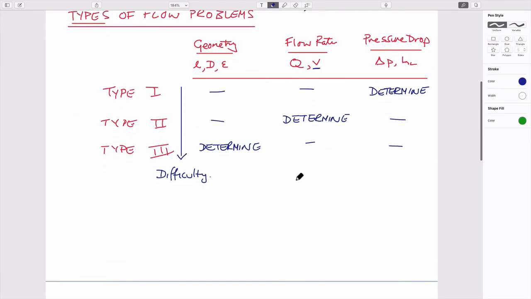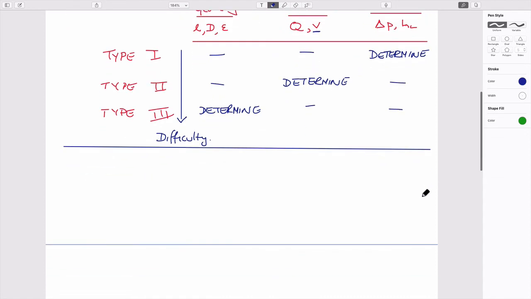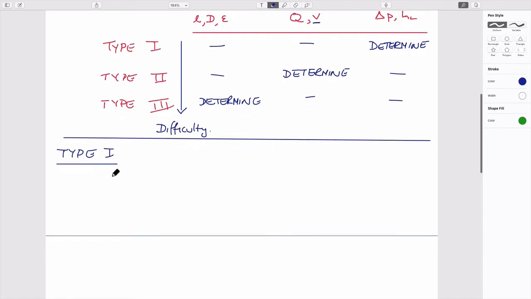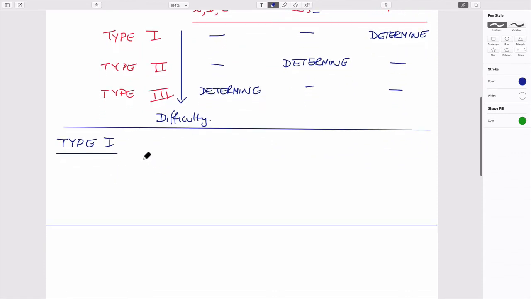And so it might be worthwhile just cutting our teeth, wetting our whistle, I suppose, by solving a type 1 problem. And so what we can do is we can give ourselves a geometry.